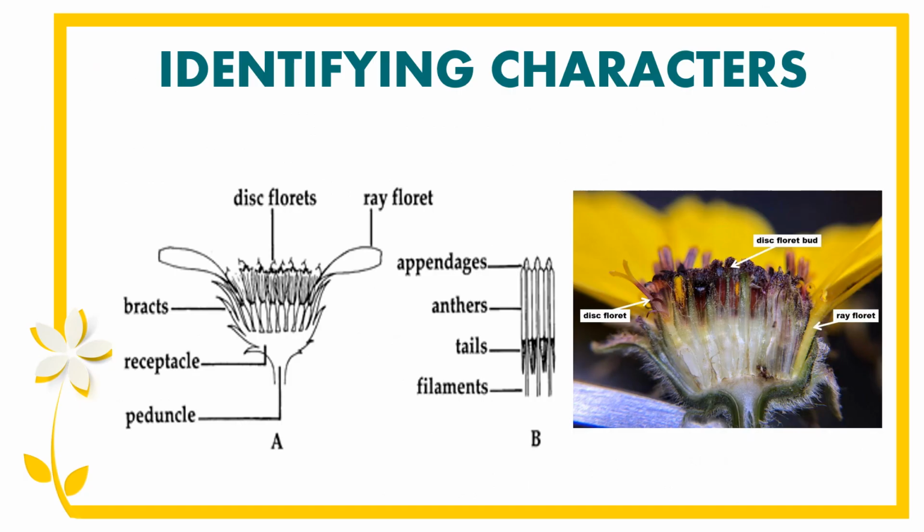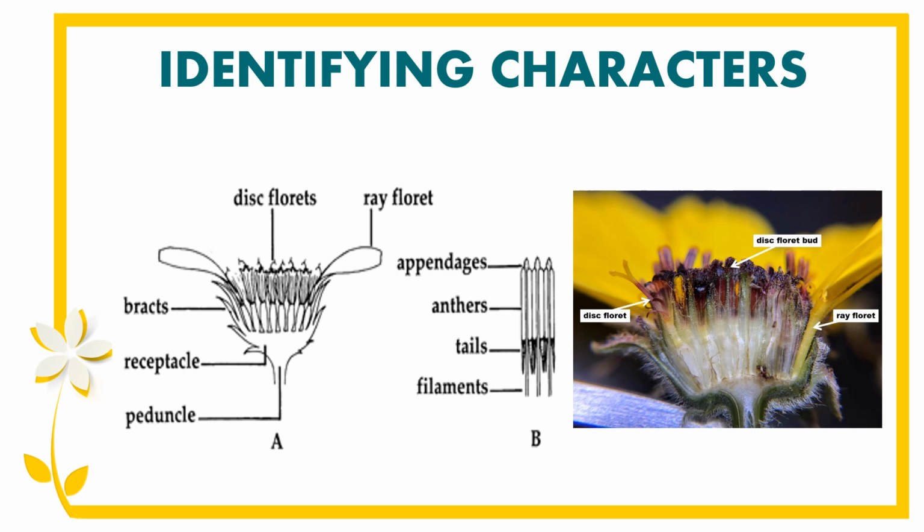Now here you can observe what is the disc floret and what is the ray floret. In picture A, you can see the disc floret. Beneath the petals of the flower you can find the bracts, receptacle and peduncle, and the big petals that we can find in the family Asteraceae or in the sunflower.